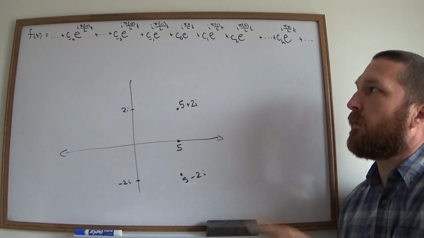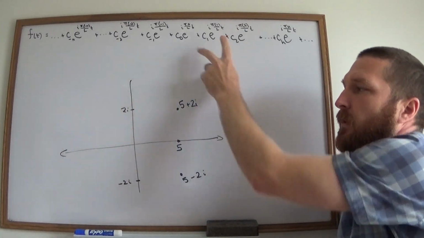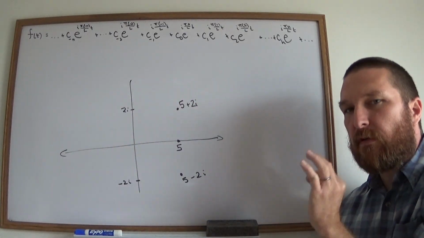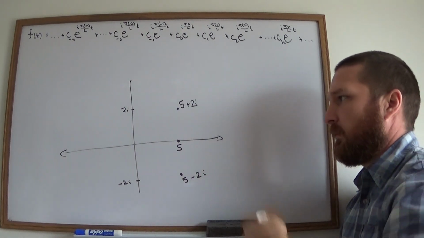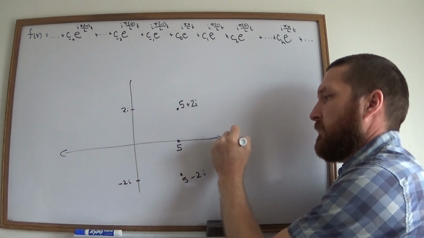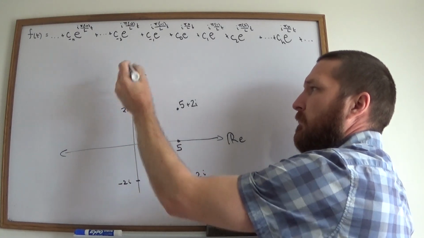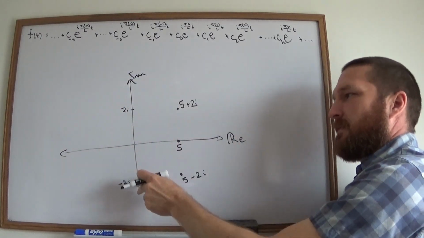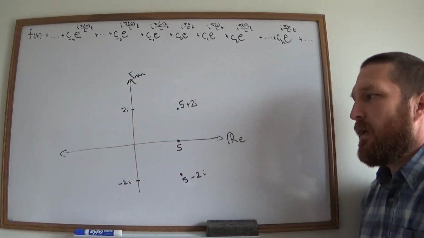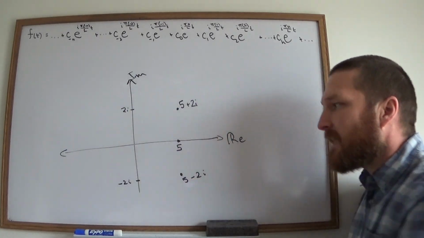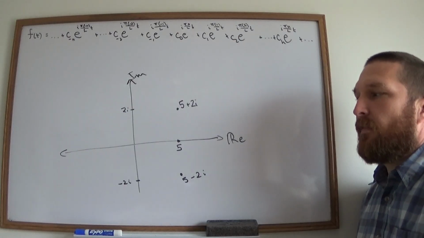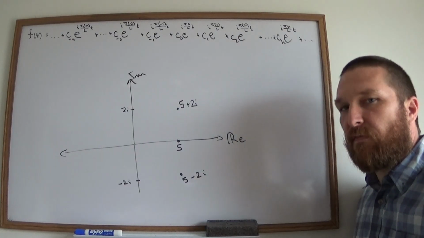Before we move on and tackle this guy, let's remember that every real number is a complex number. Here I've drawn the complex plane, here's the real axis and here's the imaginary axis. Real numbers are a subset of the complex numbers.